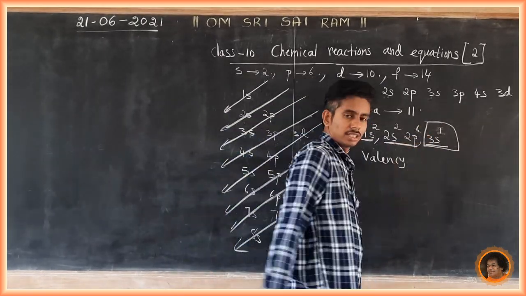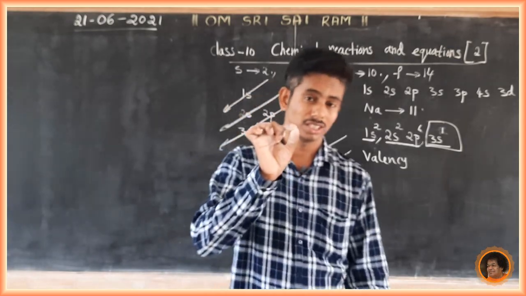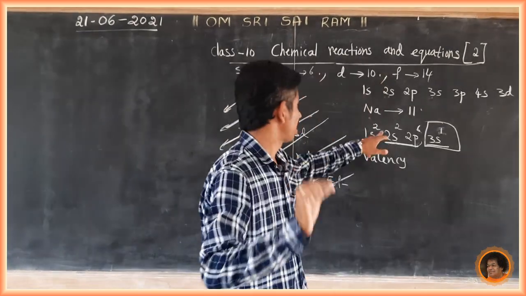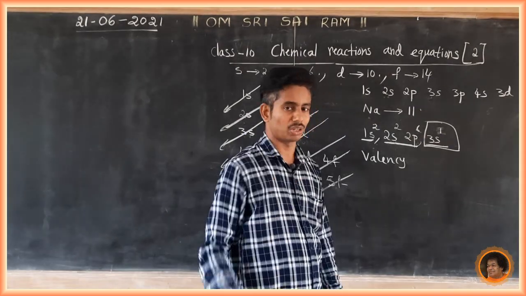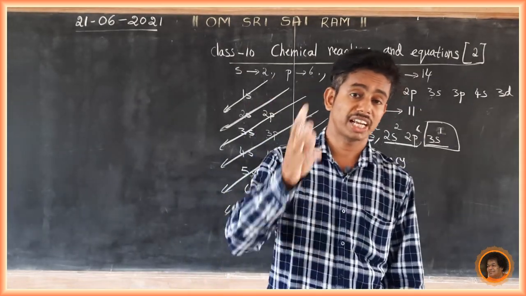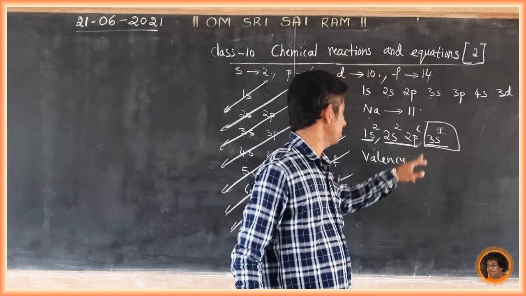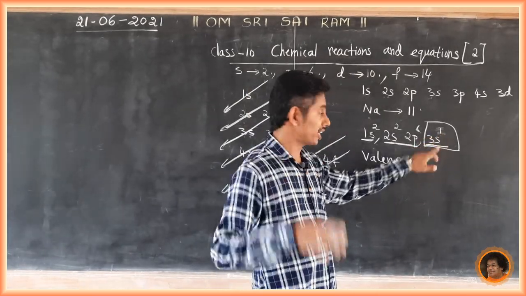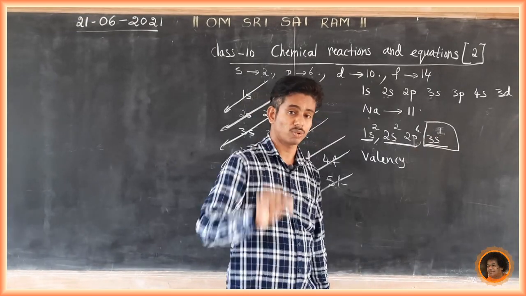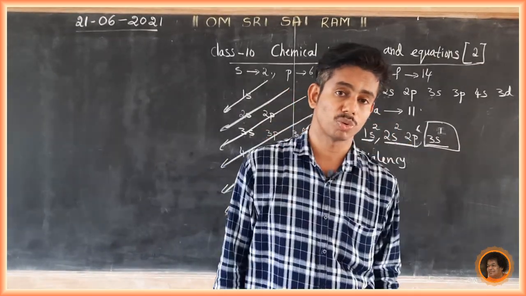So, sodium has 11 electrons. In its outermost shell, it contains only 1 electron. It wants to get the octet structure. Every element wants to get the octet structure. To get the octet structure, how many electrons does it require? 7 electrons are required.